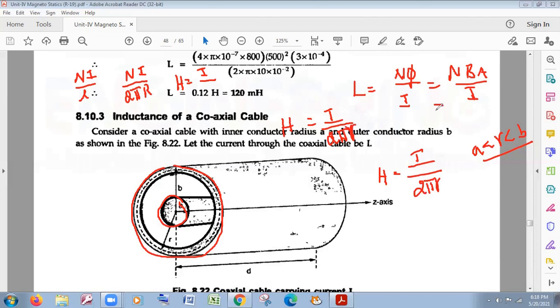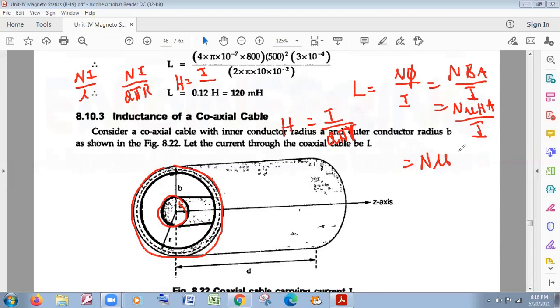And B is equal to N into mu H A by I, mu H A by I. What is H? We got H as I by 2 pi r, into A, and already the total current I is there in the denominator, so I gets cancelled.